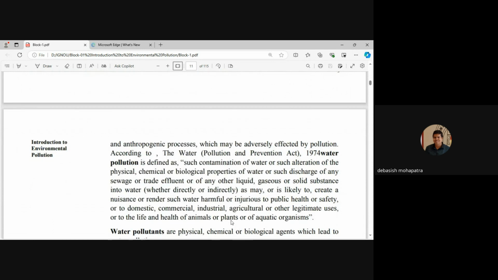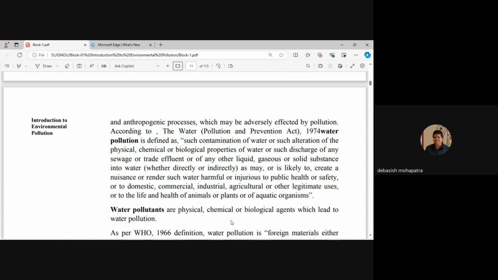It is defined as such contamination of water, or such alteration of physical, chemical or biological properties of water, or such discharge of any sewage or trade effluents or any other liquid, gaseous or solid substances into water, whether directly or indirectly, which is likely to create a nuisance or render such water harmful or injurious to public health or safety, or to domestic, commercial, industrial, agricultural, or other legitimate use. Then we call it water pollution.